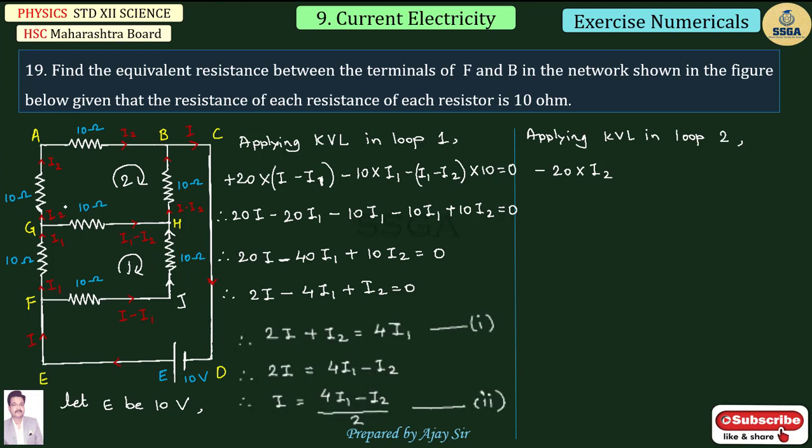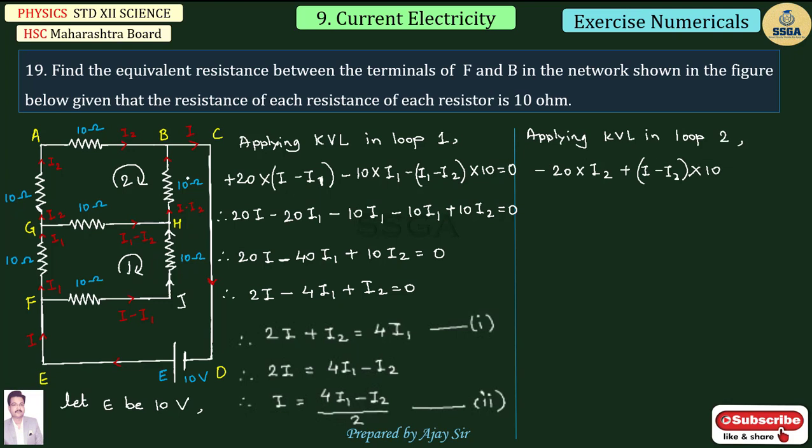Now we come to point B. Again the direction of tracing and the direction of conventional current are opposite here. So this potential or EMF is positive. The current here is I minus I2, so this is I minus I2 into 10.